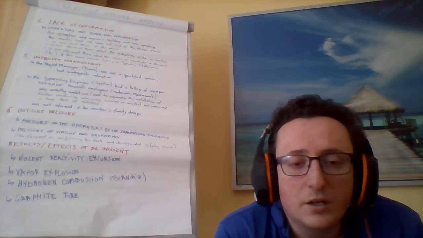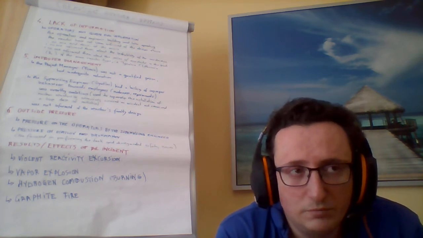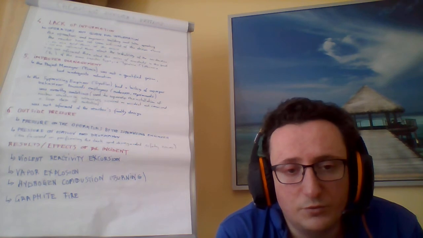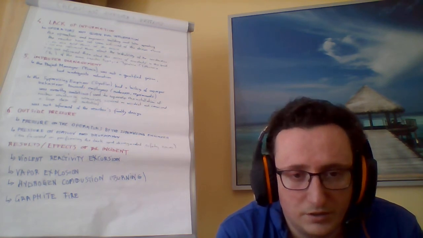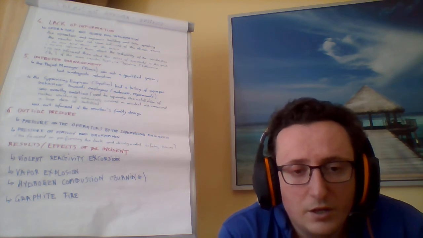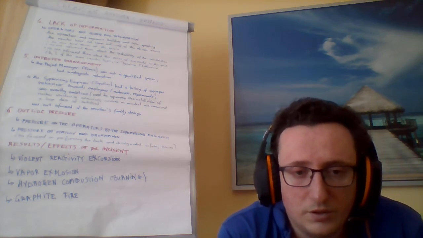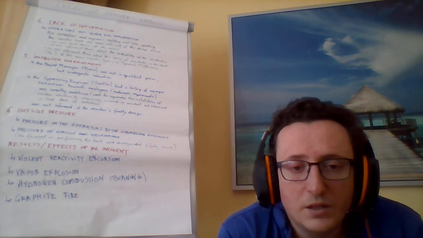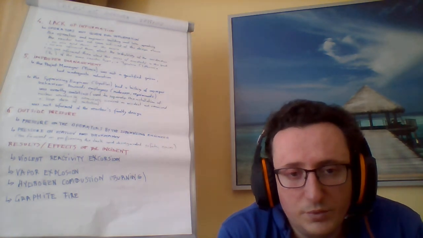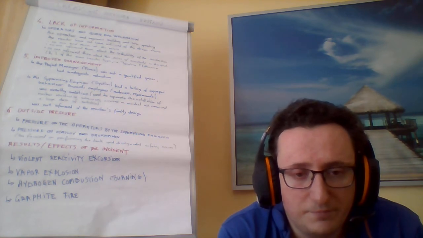Basically speaking, control rods are elements which, as the name says, control the number of reactions happening in the reactor. If you want to have more reactions and generate more power, you pull out the control rods. If you want to decrease the power, you push the control rods back. This is how a reactor usually works.